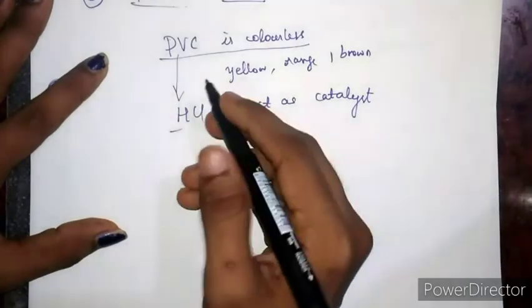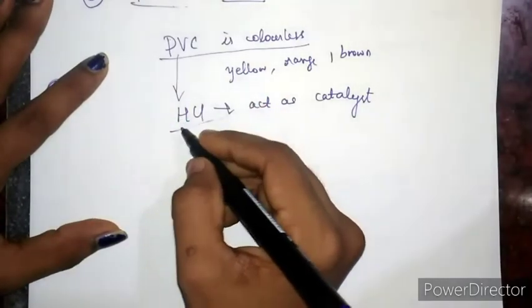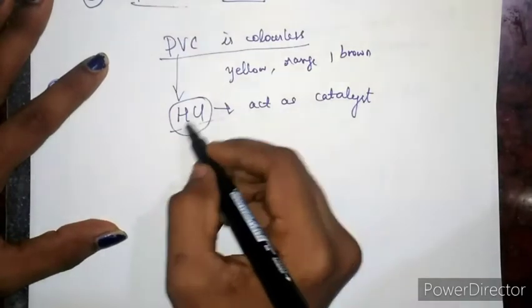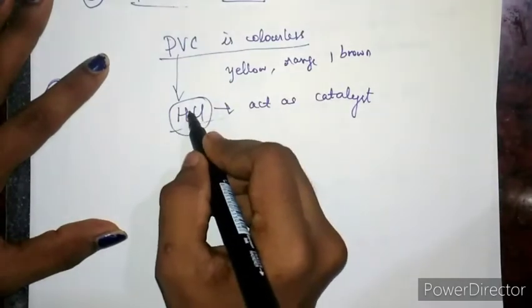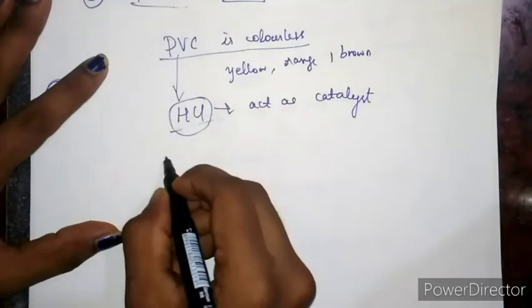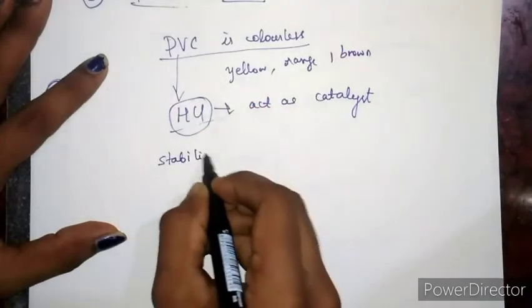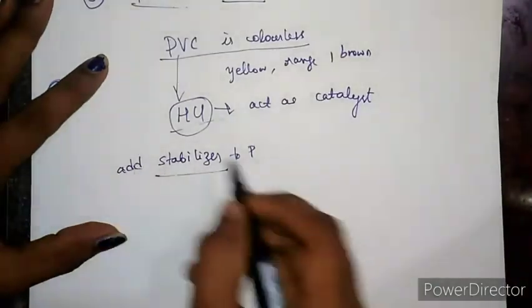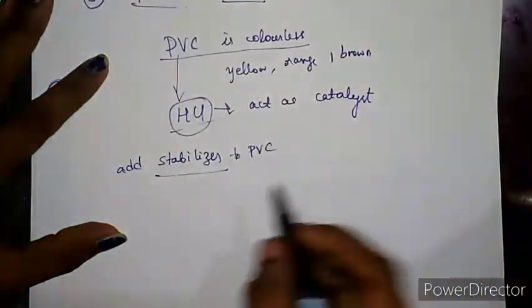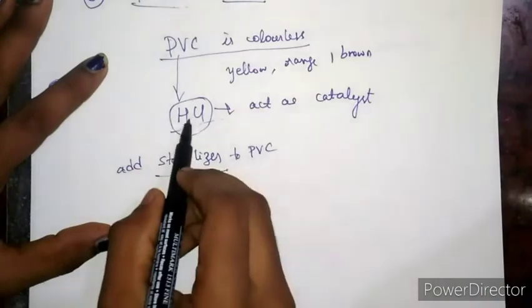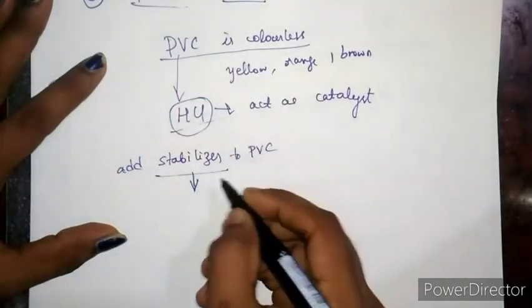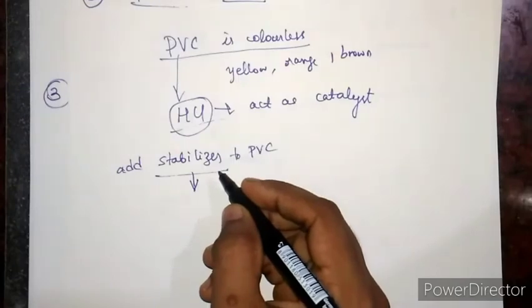So now to stop the degradation of PVC, what should I do? I should remove the HCl that is formed. To remove this HCl, I can add a stabilizer to PVC, just to remove the HCl so that the degradation process stops. What are the stabilizers that can be used? We will see.